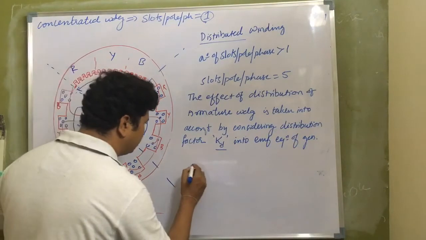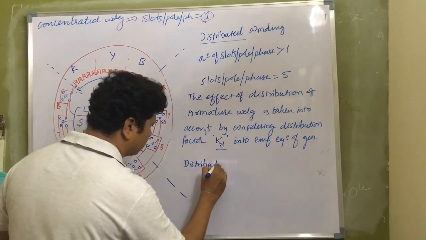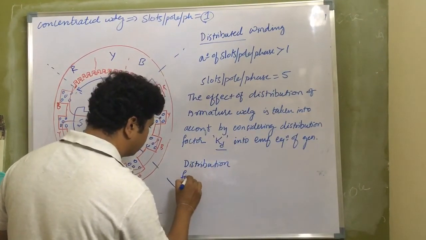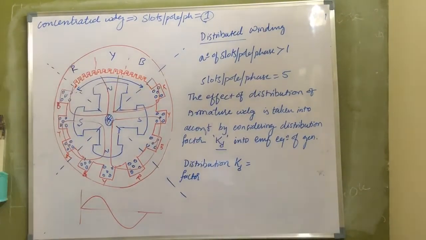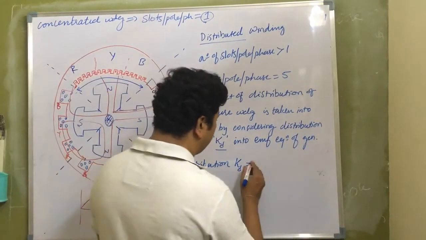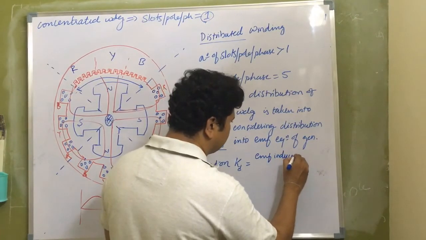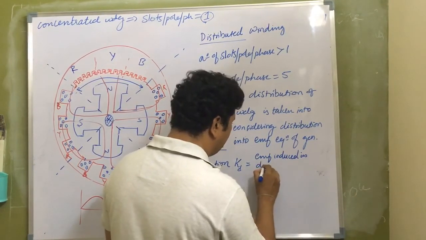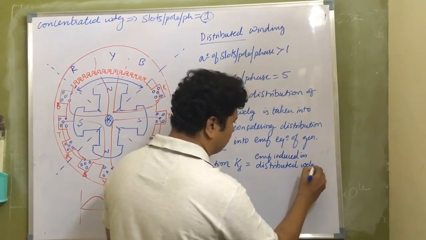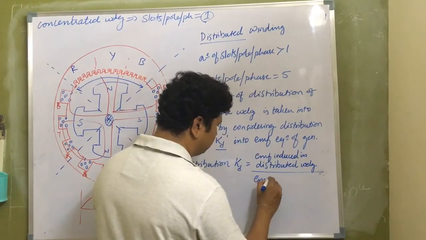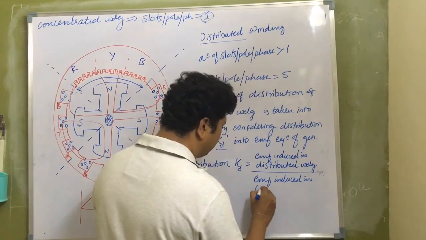So what is KD? Distribution factor KD is the ratio of EMF induced in distributed winding to EMF induced in concentrated winding.